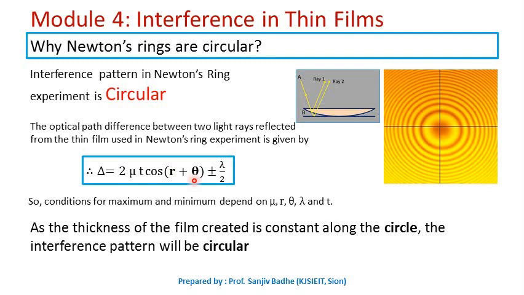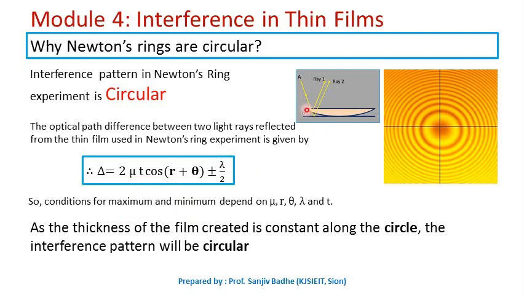If we are not changing the radius of curvature of the upper surface, this theta will not change. If the radius of curvature is very large, then this theta can also be approximated to be equal to 0. If we are using monochromatic light, lambda, the wavelength of light, will also not change. So the optical path difference, and therefore the condition for maximum and minimum, will depend only on the value of t.